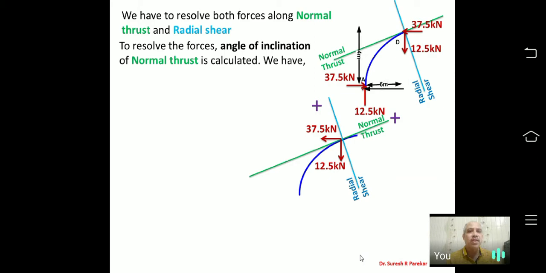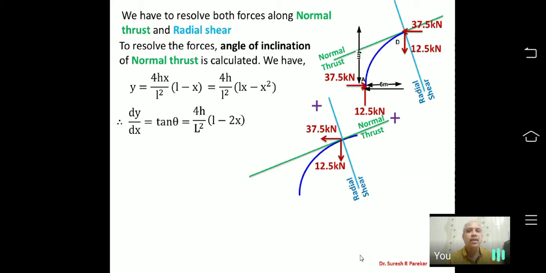So now we have to resolve it. To resolve it, we should know angle theta of normal thrust with horizontal. So we have y equal to 4h upon L square, Lx minus x square, and if we take derivative of this, then we are going to get this value in this fashion.